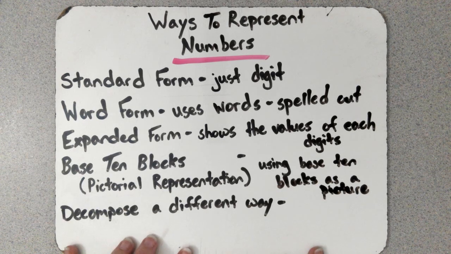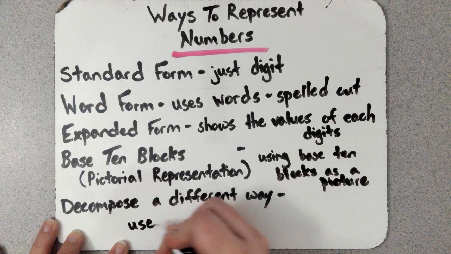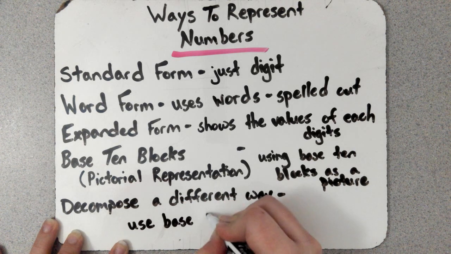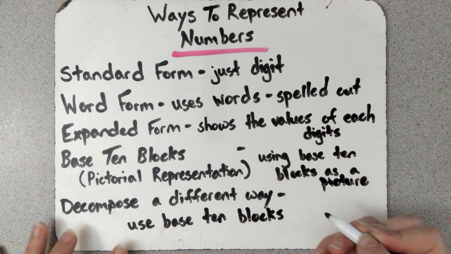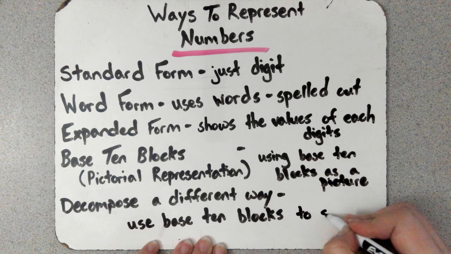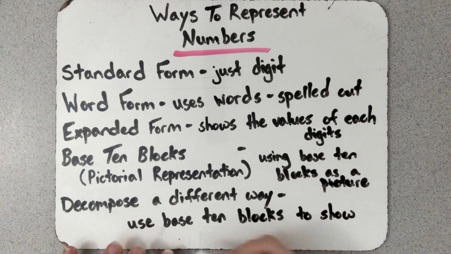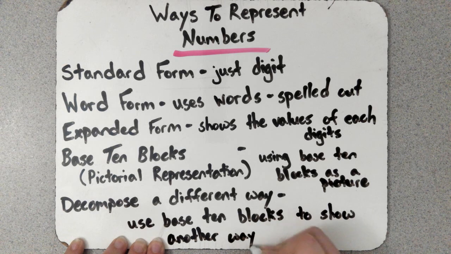And then if it says decompose in a different way, they still want to use base 10 blocks, but we want to see it decomposed or broken apart in a way different than just showing us the number of 10s and 1s like we normally do with base 10 blocks, but the value still has to be the same. So again, I'm going to show you that in just a second to show a different way with the same value.